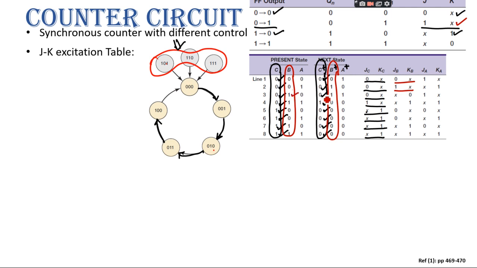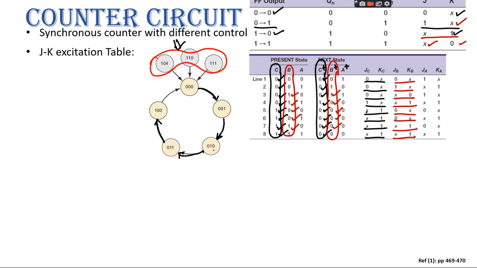Then 1 1 means don't care and 0. 1 0 means don't care and 1. Then 0 0 means again 0 and don't care. 1 0 means don't care and 1, and 1 0 means again don't care and 1. You got my point, right?